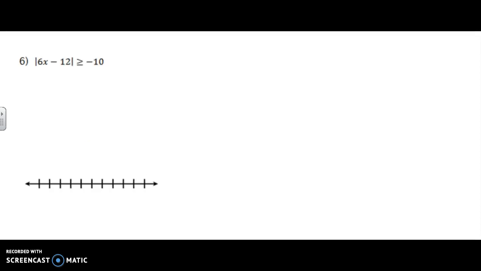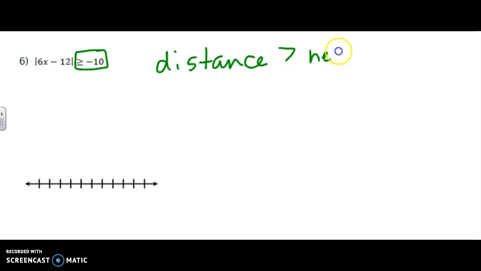Likewise, look at this one. Your red flag should go off when you start seeing negatives over here when it's by itself. I already have my absolute value isolated, meaning there's nothing here in the front and here in the back. I don't have to worry about any of those things. So now I need to look at what I have, think about the situation right here. Can your distance ever be bigger than a negative?